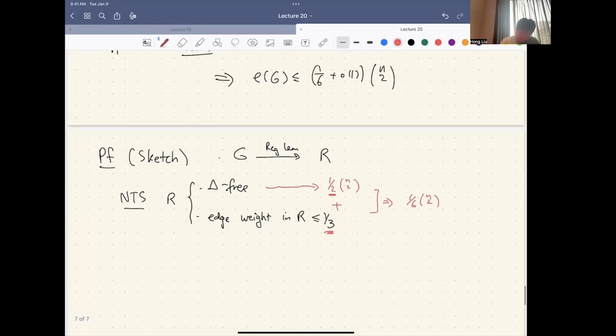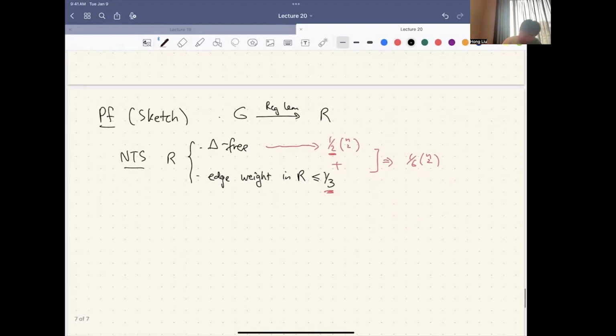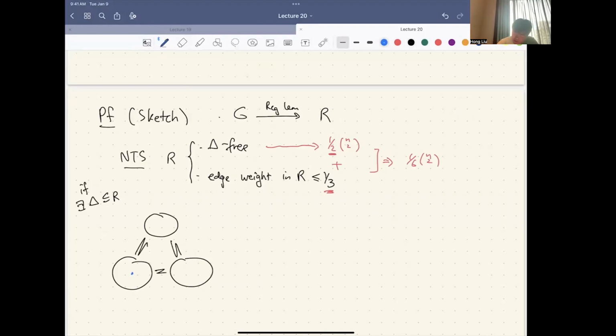So why is it triangle-free? It's triangle-free because if there is a triangle, then that means you have 3 clusters in this regular partition of G. They are pairwise dense and regular. Then you can find a typical vertex here. Look at its neighborhood, which is of linear size, and by the slicing lemma, this is still regular.